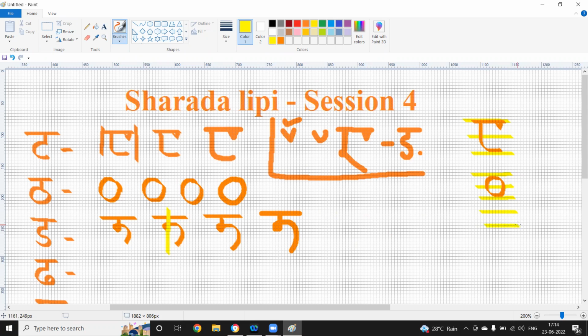This is how it will fit in these 3 lines. This is how it's going to look.